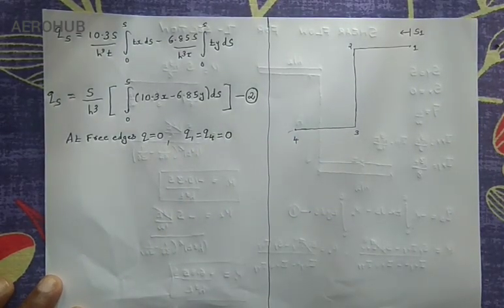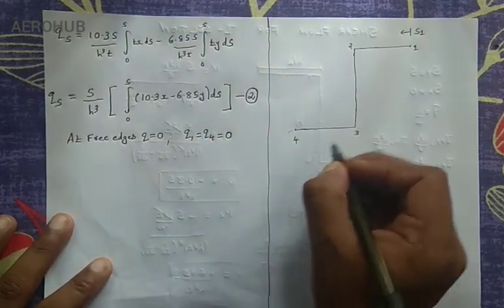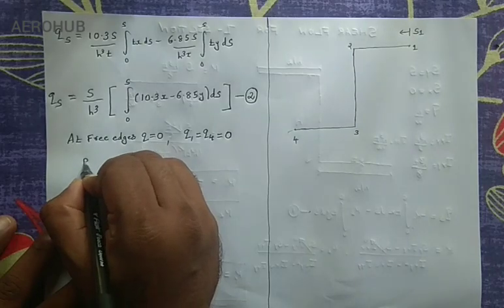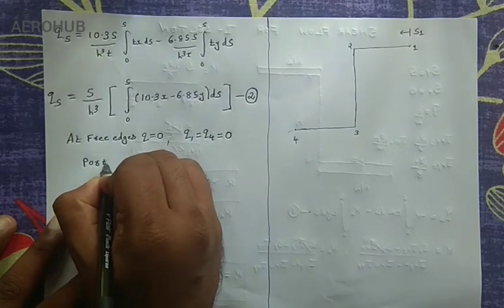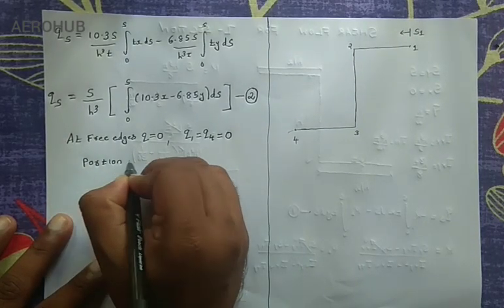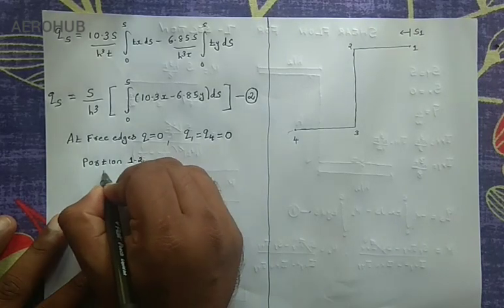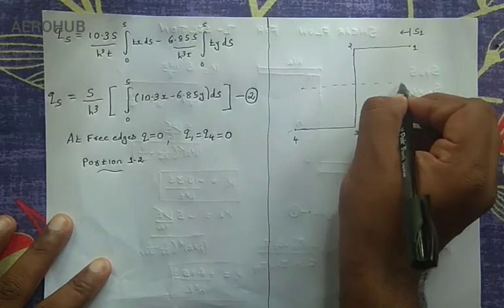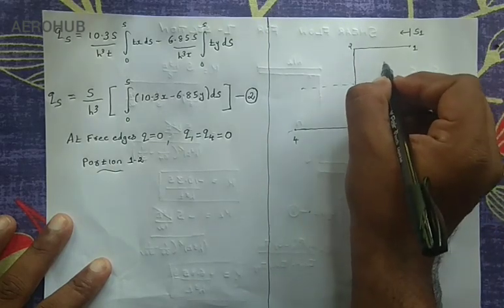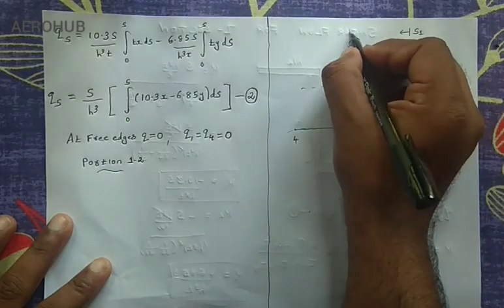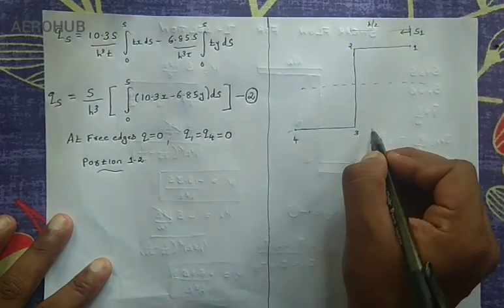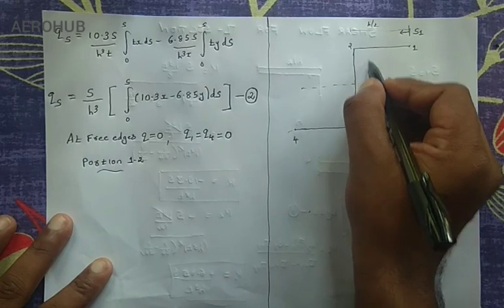Now I will go for portion 1-2. I have shown my centroidal axis, and for portion 1-2 this distance is h by 2, and the height of the web is h.